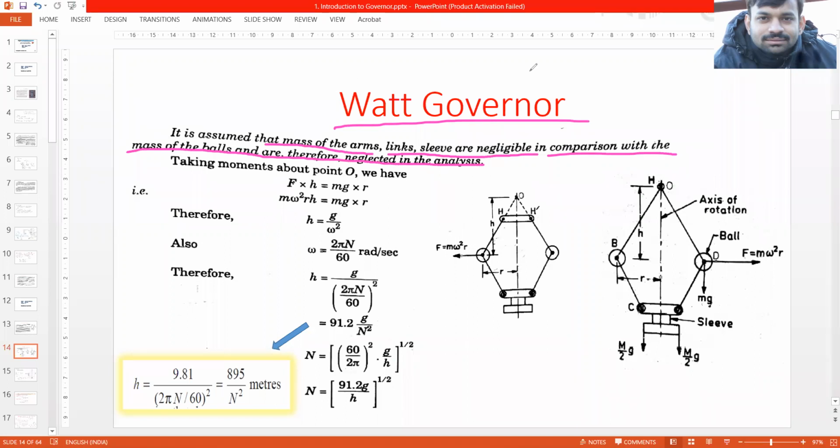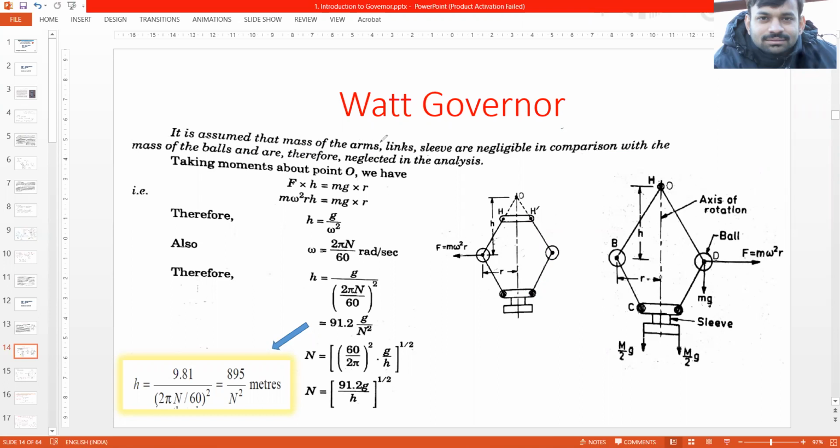So the assumption is that the mass of the balls is far greater than the mass of the arms, the sleeve, and the link, that is the lower arm. The mass of the ball is far greater than all these added together, so they are negligible and hence neglected for the analysis.